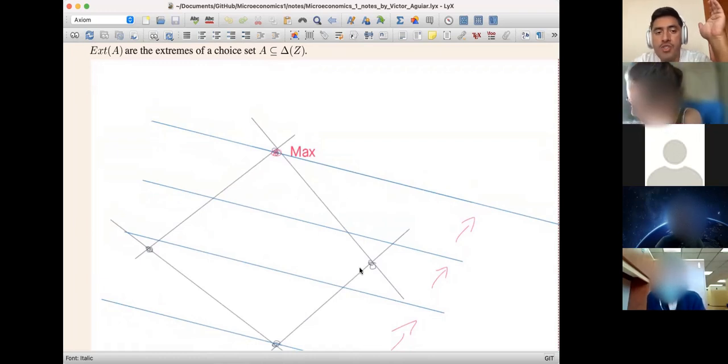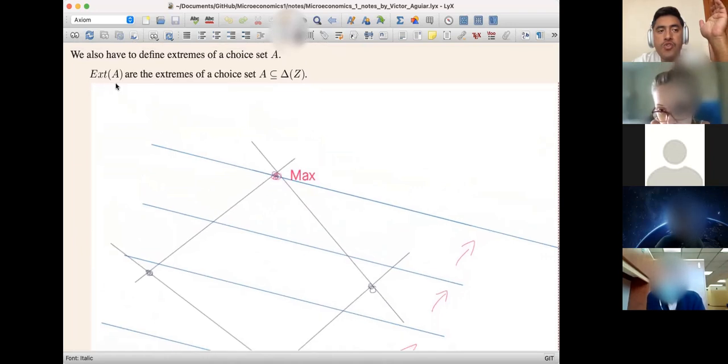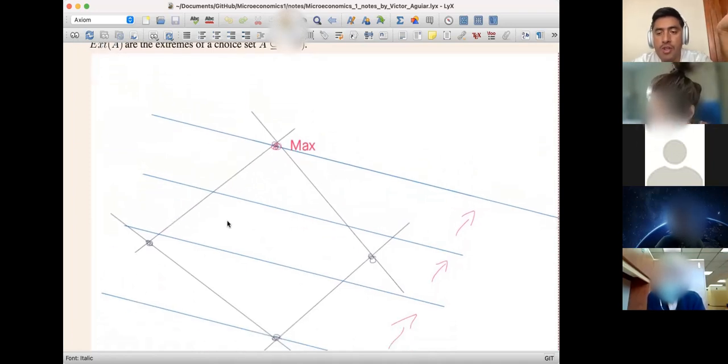In this polygon type shape, we're going to identify what is an extreme of a choice set. The extremes of this polygon type of menu would be these points that I actually drew, in the very boundaries of the polygon. So the polygon is a choice set, and these points here are the extremes.